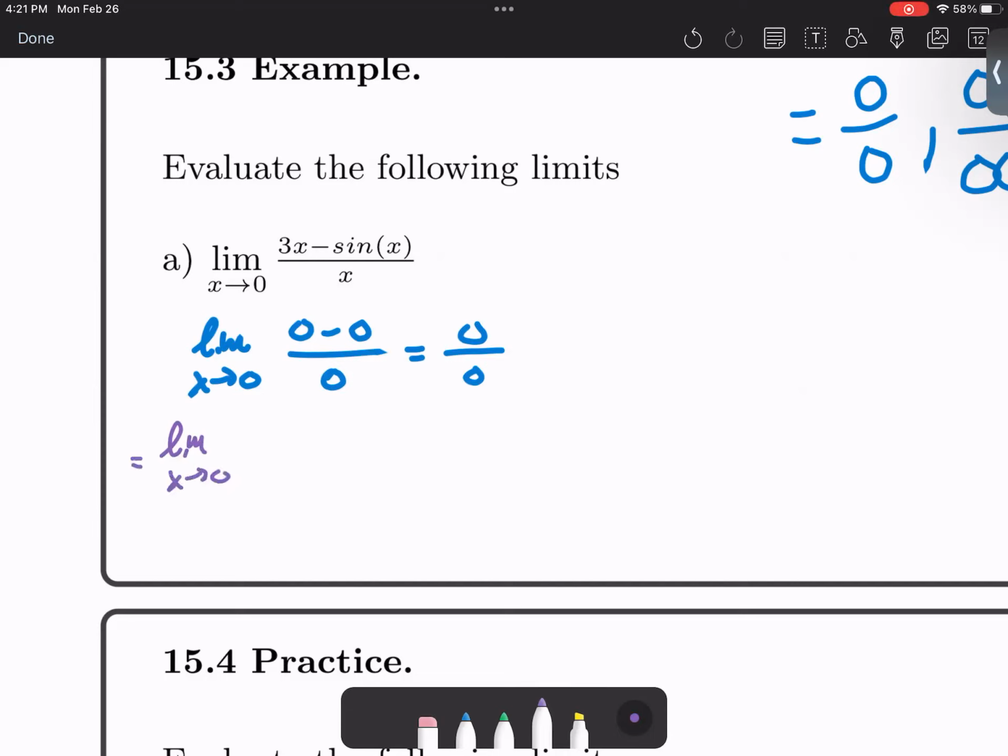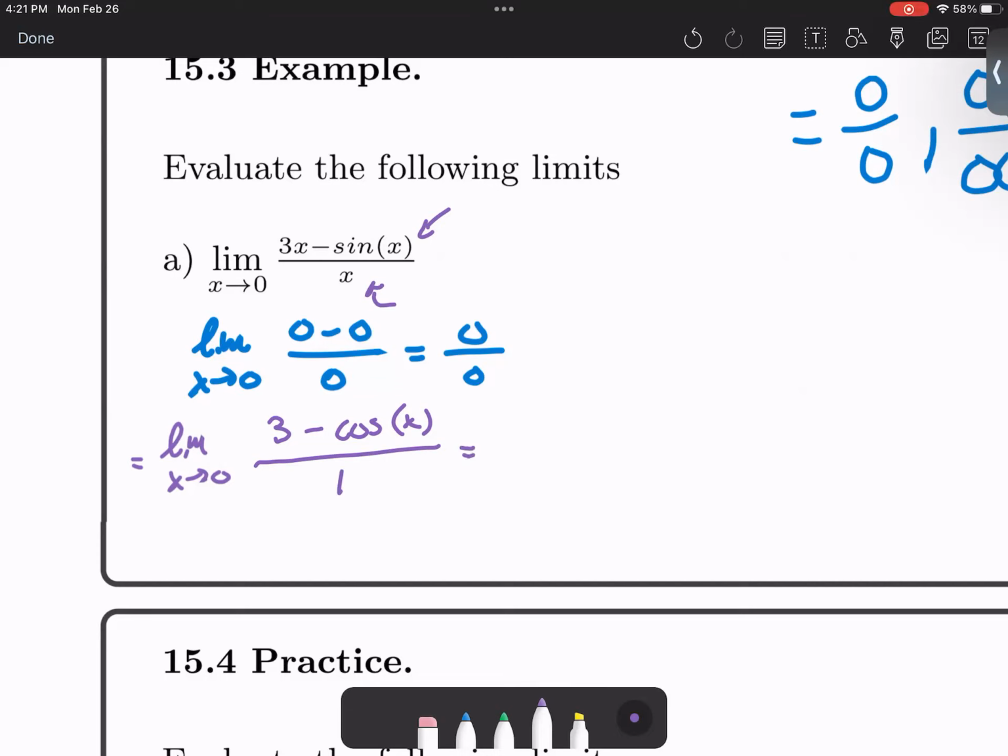If we can get a limit out of this, then I can say that this equal sign is true. L'Hopital's rule says to differentiate the numerator, which differentiates to 3 minus cosine of x, and then differentiate the denominator, which differentiates to 1, and then try to take the limit.